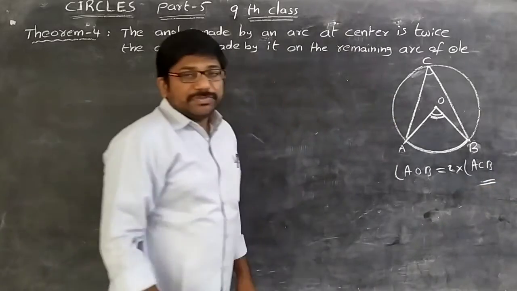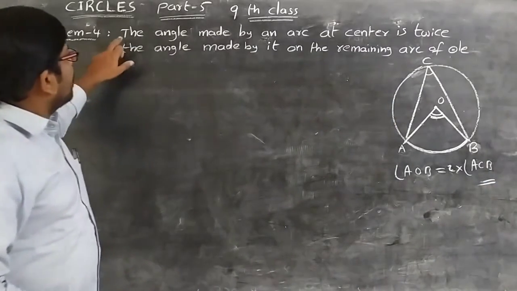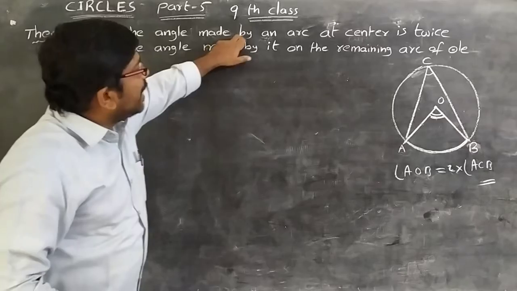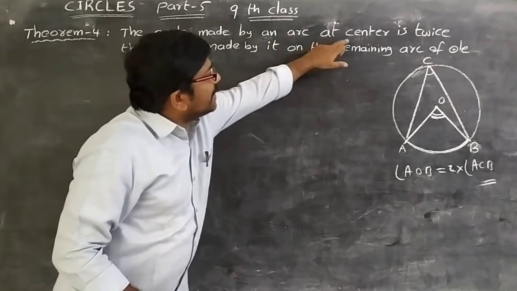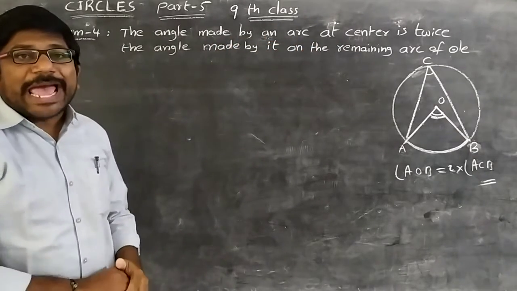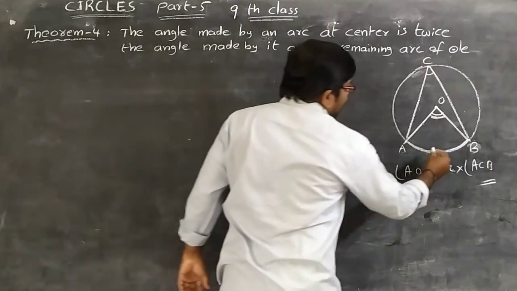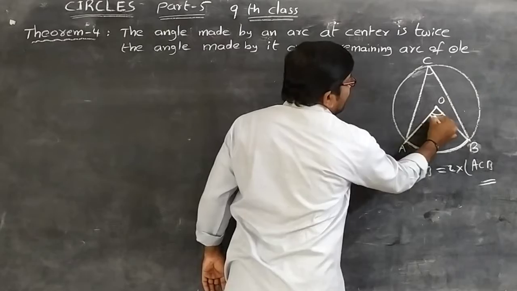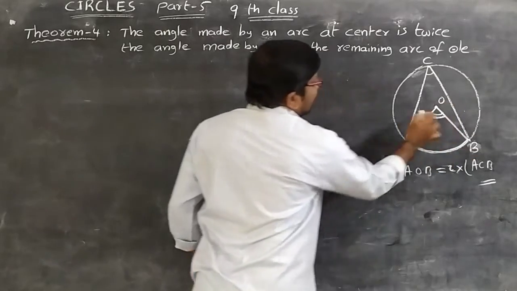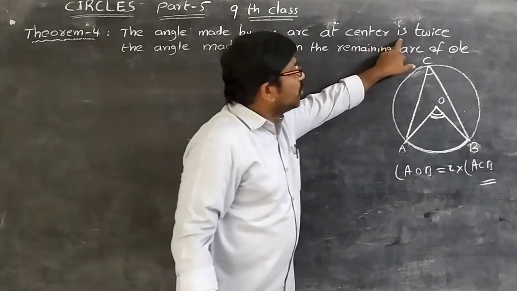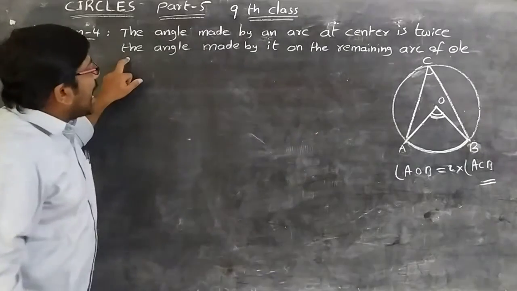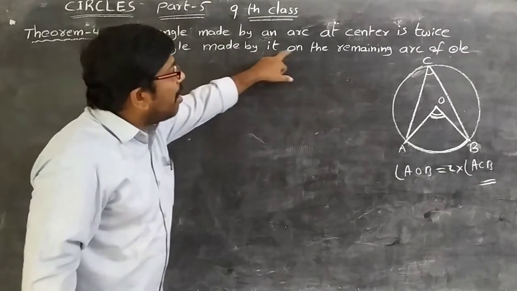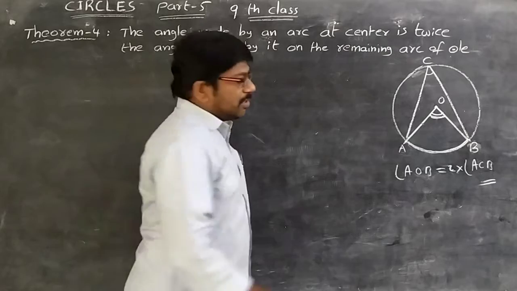Once again, listen. The angle made by an arc at the center, here angle AOB, is twice the angle made by it on the remaining arc.